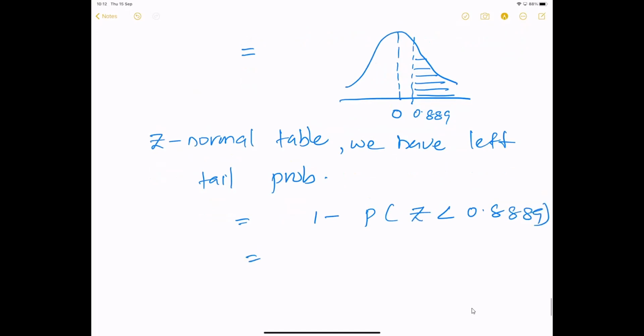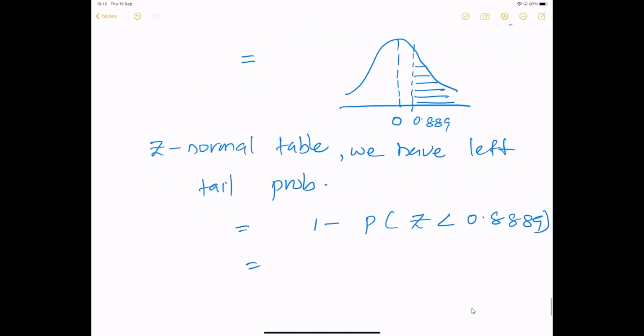That probability related to this area we can find by using our graph or our table.